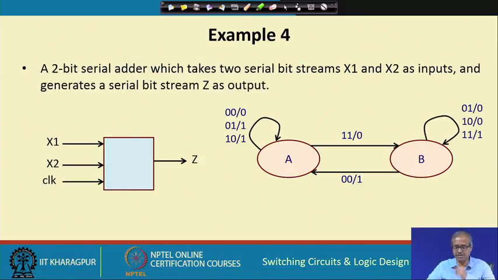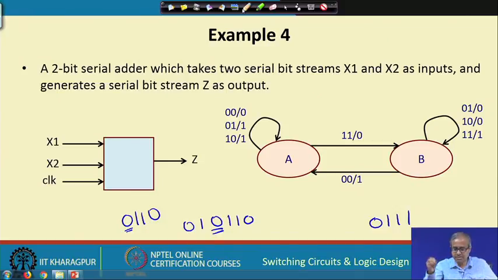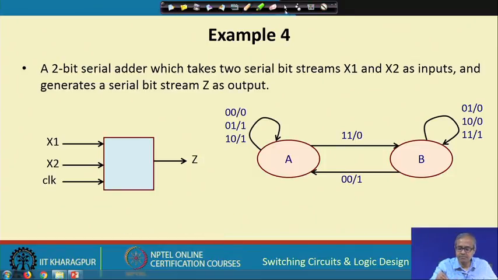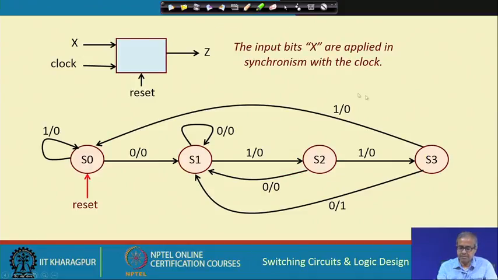There I have not shown the state table. Let us take another example. This was the example of a sequence detector.